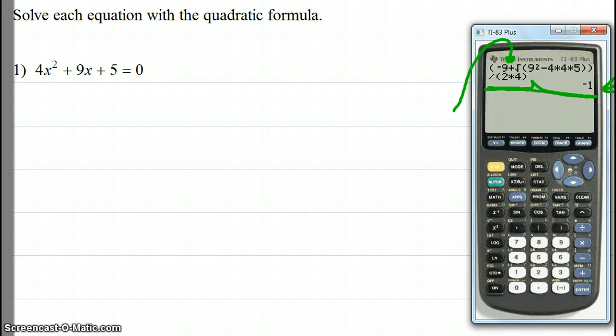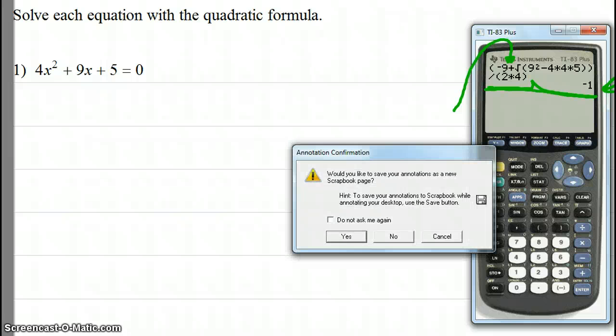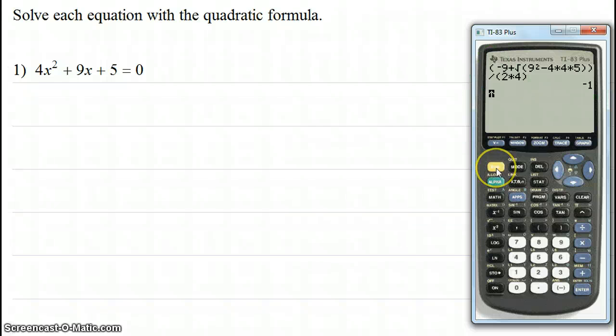And that will give the equation back. So put that in your notes so you know how to get that equation back so you don't have to type it in again. What does that look like? I will actually hit the second button and then the enter, and that will get this equation back. And then what you're going to do is you're just going to go up here and change that to a minus.